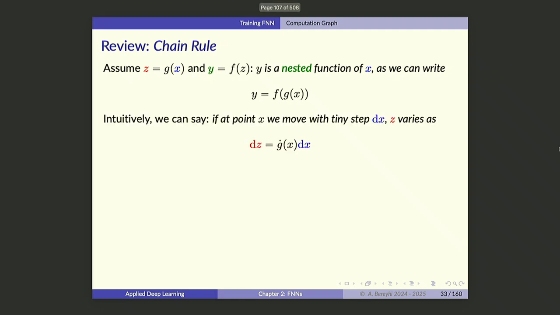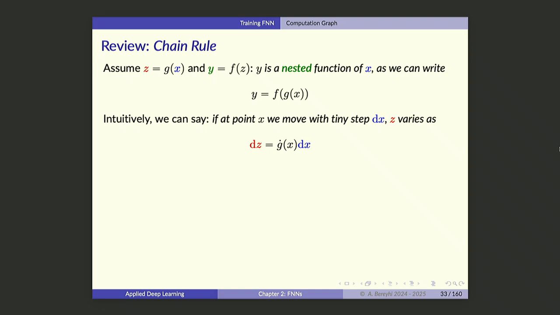I can first say that, OK, let me just look at this first function where z is a function of x. Now, if I change x slightly, with dx, then what's going to happen to z? I can simply compute the change in z in this form, right? The change in z, dz, is going to be the derivative of the function g times dx, right?